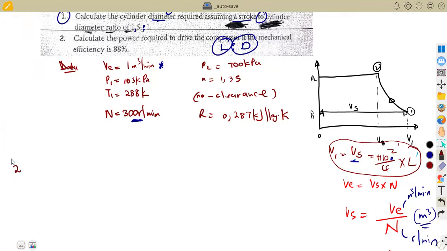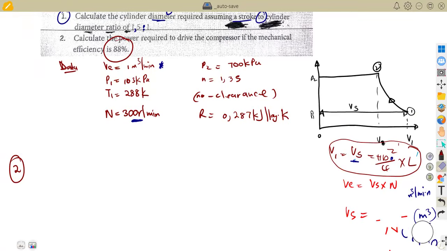Then on number 2, they want us to calculate the power required to drive the compressor if the mechanical efficiency is 88%. We need the power given the mechanical efficiency. We never talked about the efficiencies, so let us just quickly talk about this.